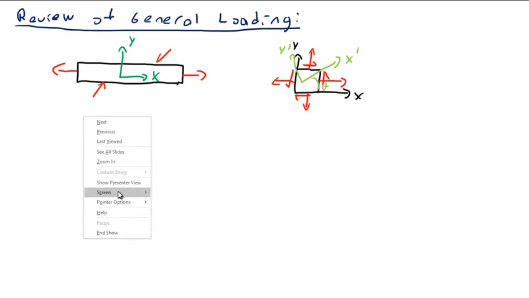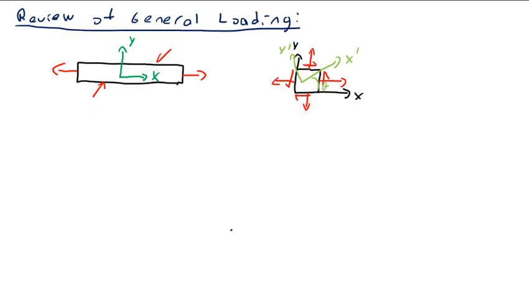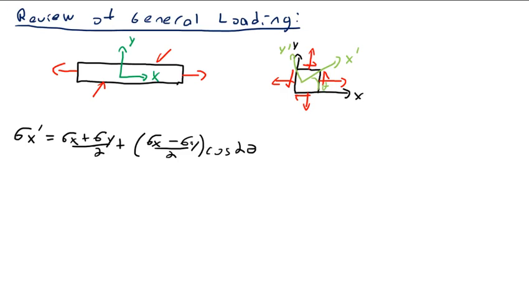Anyway, so we have the equations that we developed previously. Let me write some of those out. Our normal stress at any angle, sigma x prime, is going to be sigma x plus sigma y over 2, plus sigma x minus sigma y over 2 times the cosine of 2 theta, plus tau xy sine of 2 theta.